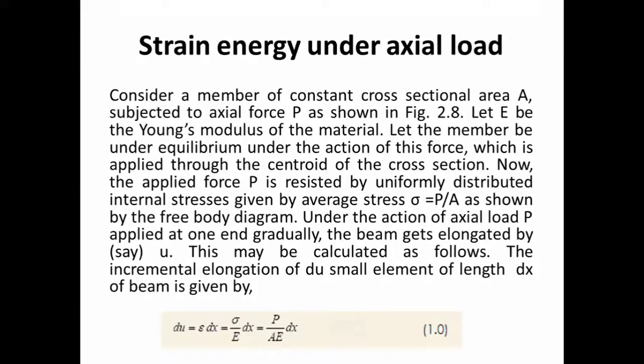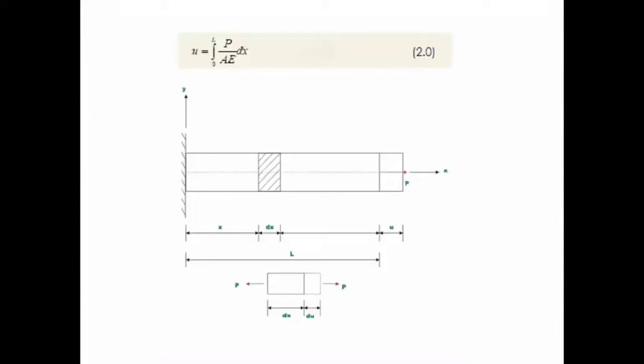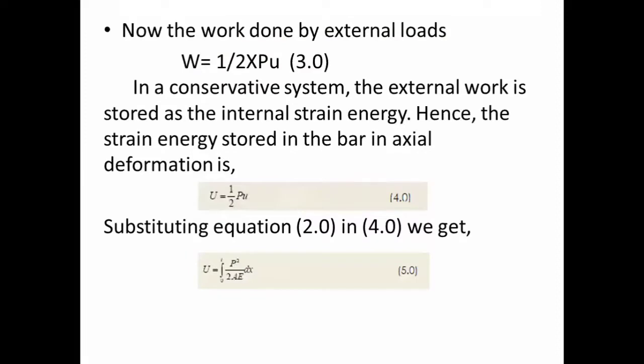This is the strain energy for a small length dx. For the total length, we need to integrate this equation, which gives the total strain energy. After getting it, we equate it to the average work done, which is half P into U, as in equation number 4.